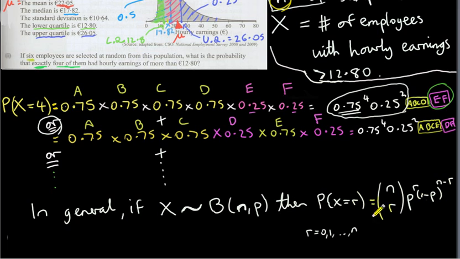So you can see that this value appears here, and this power here, well, the sum of these powers, r plus n minus r, gives us n.